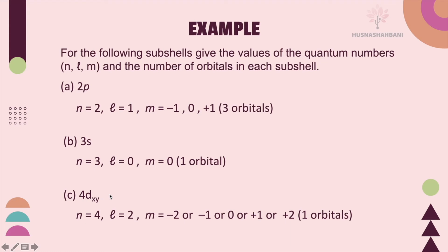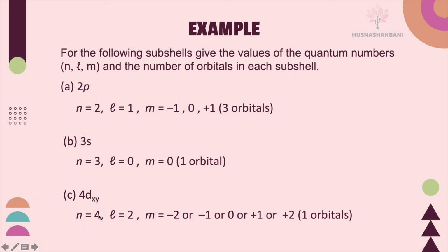In d, we have 5 different orbitals: dxy, dyz, dxz, dx square minus y square, and dz square. So there are 5 orbitals for d, but this is the 4dxy subshell, which means only one value of m.